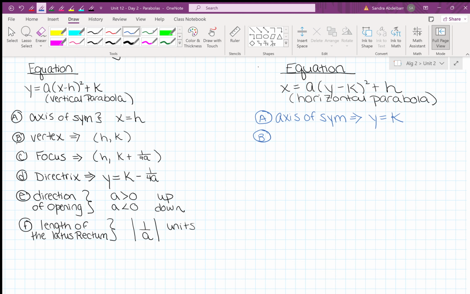All right, vertex is the same. Vertex is going to be h comma k. All right, our focus point is going to be h plus 1 over 4a, that a is in the denominator, comma k.